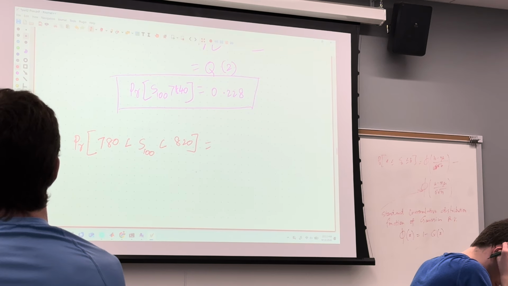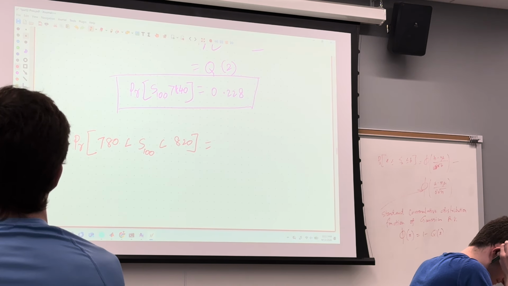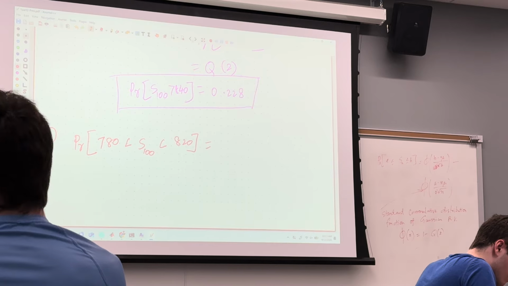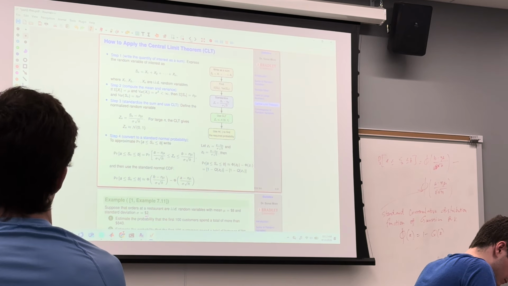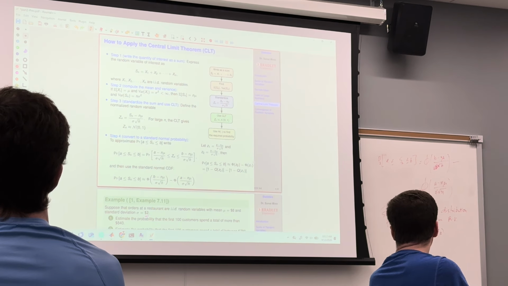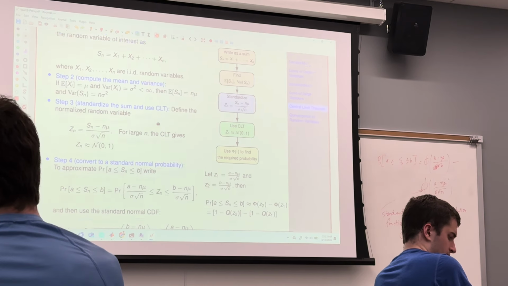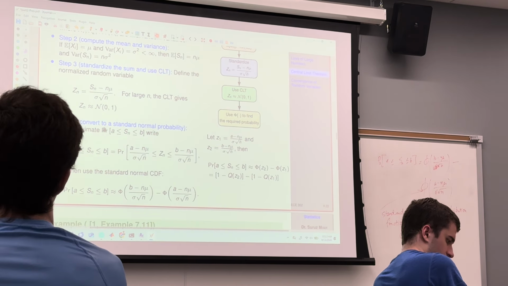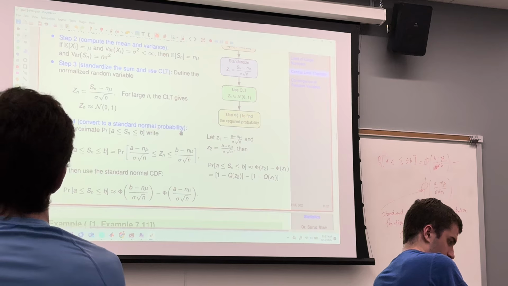Now, guys, just take a look. You'll be able to figure this out in a moment. Take a look at the formula that I will be using. We went through this formula. It is the fourth step, convert to standard normal probability.